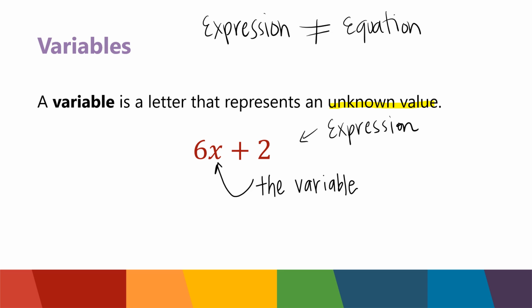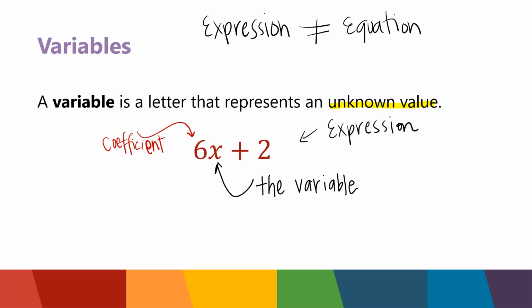In this particular expression, 6 would be called the coefficient of our variable. Coefficient is just the number in front of a variable. Sorry, my handwriting was kind of sloppy there.